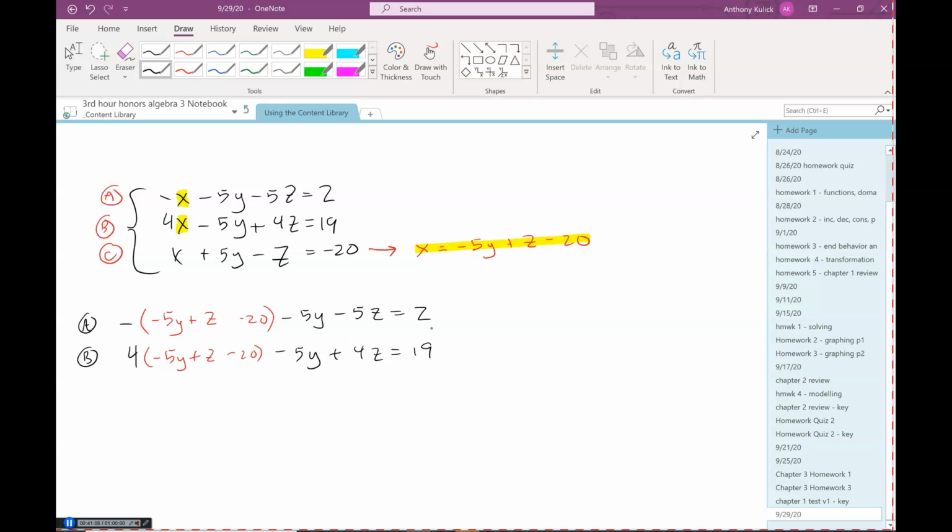So now I'm going to go ahead and distribute things through. So the first thing I'm going to do is distribute that negative. And here I'm going to distribute that 4 through.